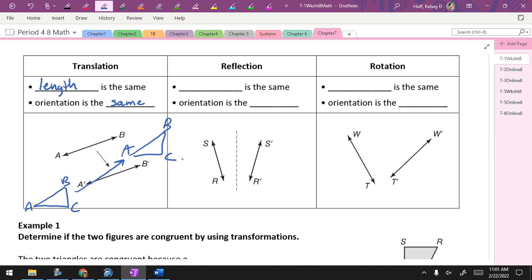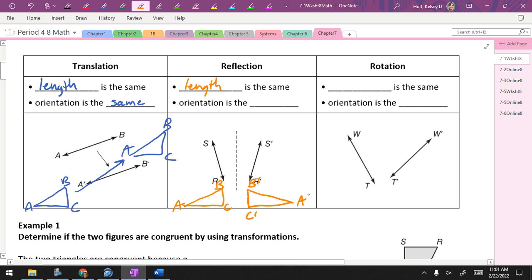When I reflect it, the length, again, stays the same. I'm going to draw you a triangle on this. Say I had this triangle, ABC. Everybody understand what I'm talking about? If I start on A and work my way clockwise, it would go B, then C, yes? If I reflect this, if I start at A prime and go clockwise, what letter do I go to?